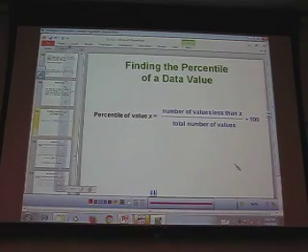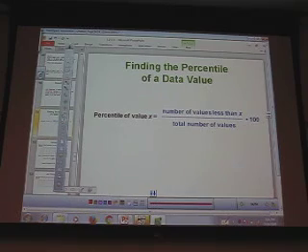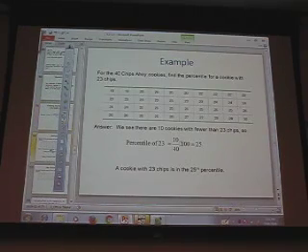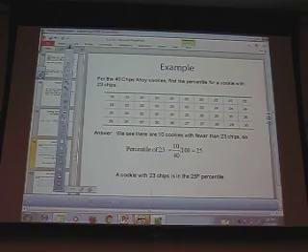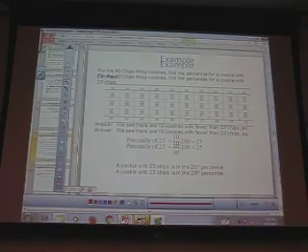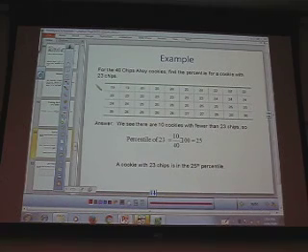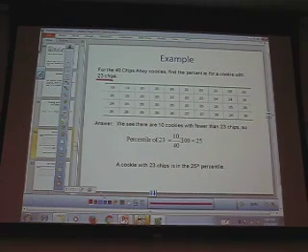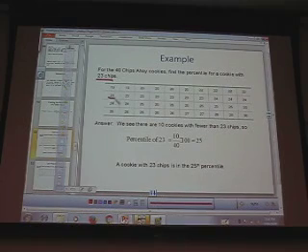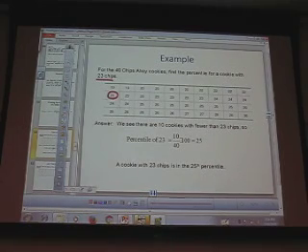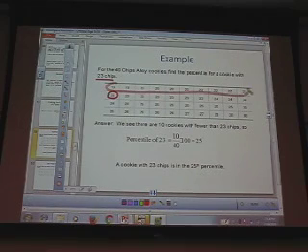Let me give you an example. You guys look up and focus for a minute. I need all eyes up here. I want to find the percentile of the cookie with 23 chips. Here's the last 23 right there. I'm going to count how many came before it.